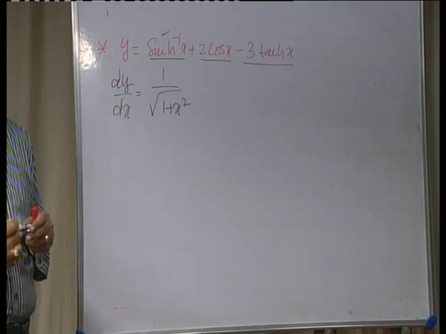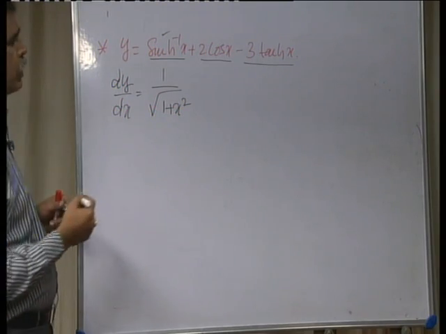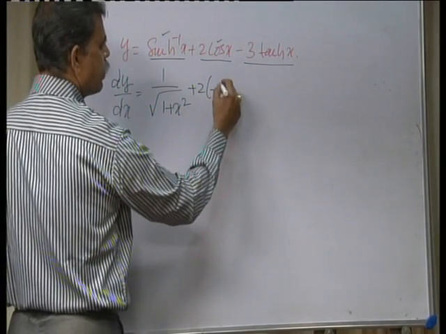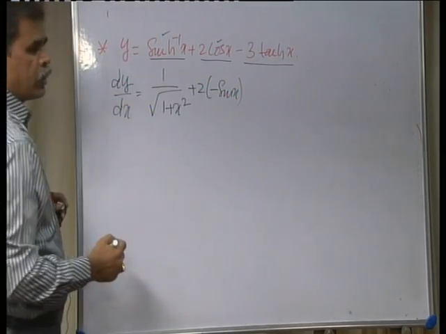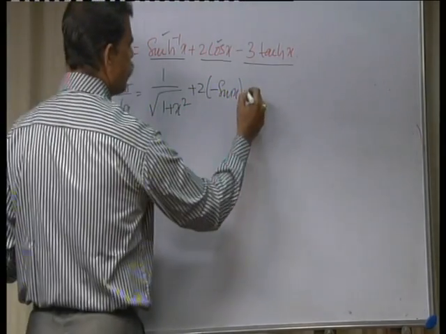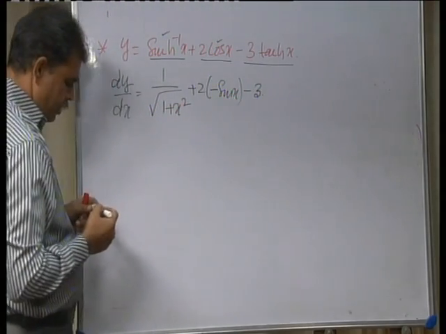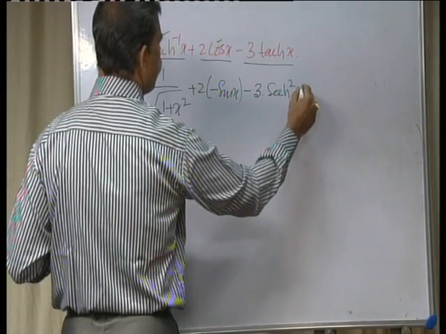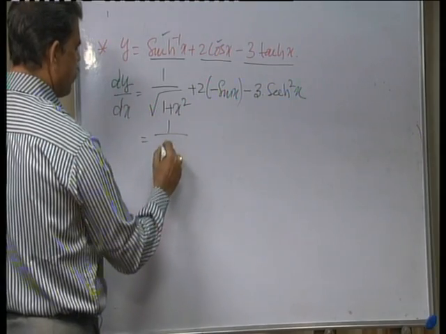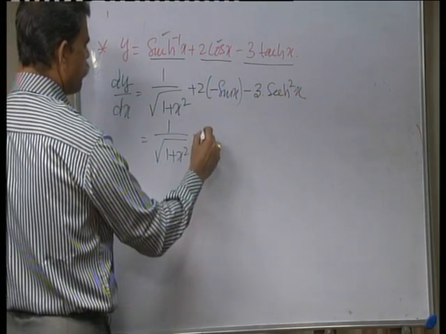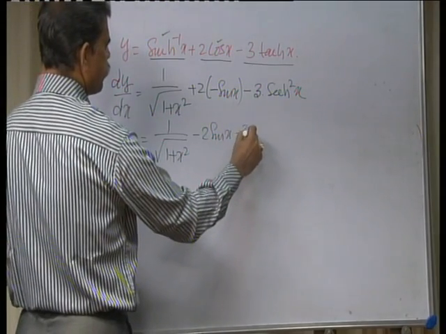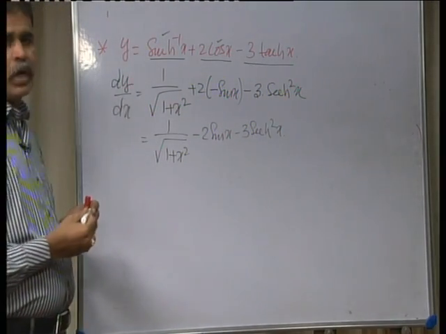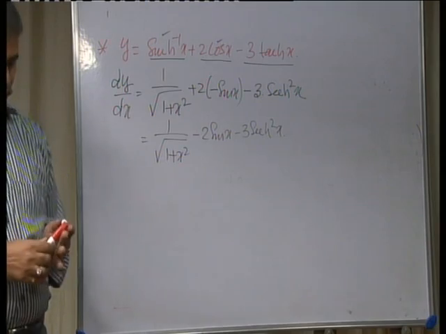Plus 2 into differentiation of cos x, it is minus sin x. It is not hyperbolic, it is a trigonometric function. Minus 3 into differentiation of tanh x, which is equal to sech square x. So, it is 1 divided by root of 1 plus x square minus 2 sin x minus 3 sech square x. We have used the sum or difference rule.